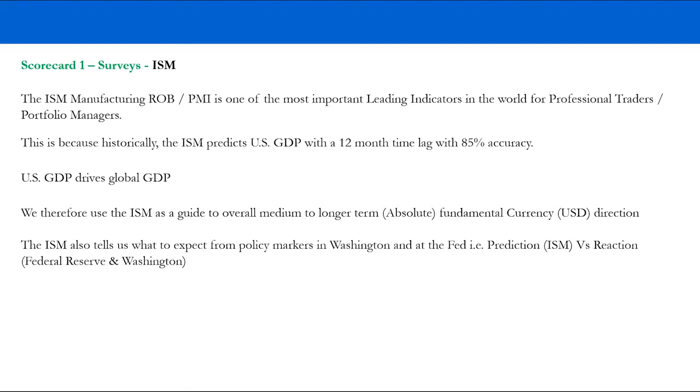It's a great start in our overall endogenous analysis, because once you get the principles behind how we scorecard the ISM and what the ISM is all about in terms of predicting inflation and deflation, you can understand how we start to build out looking at other drivers and how those other drivers are analyzed in order to work out what's happening in the United States and therefore what our view is on the US dollar.